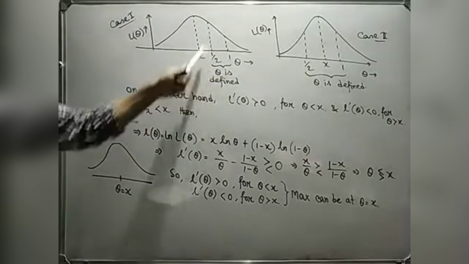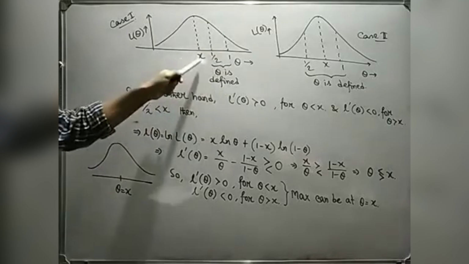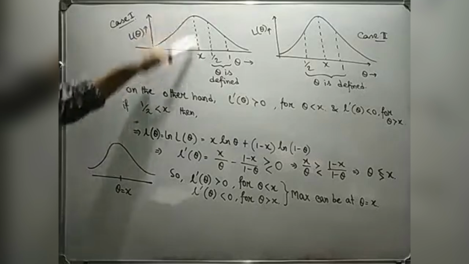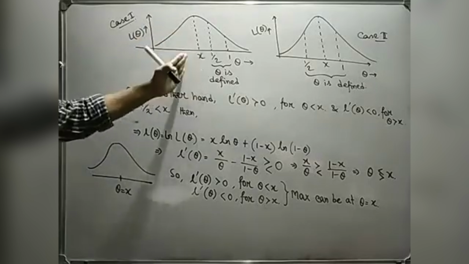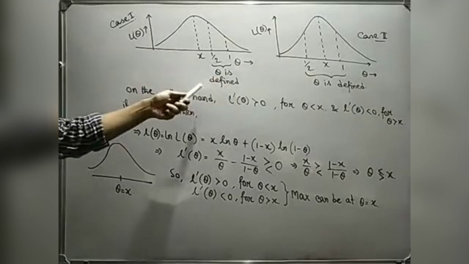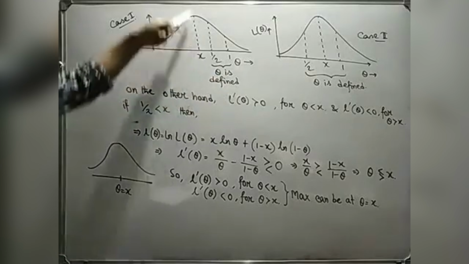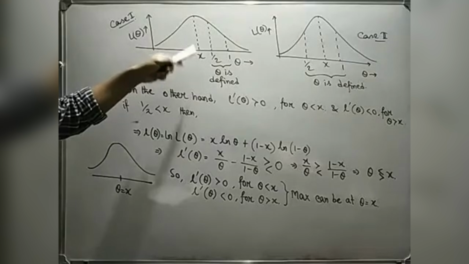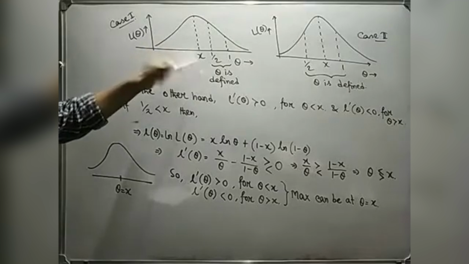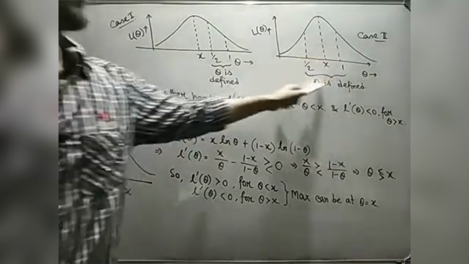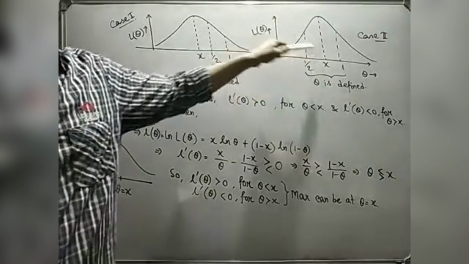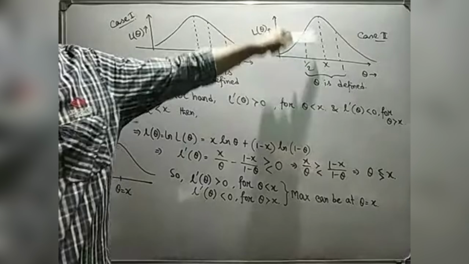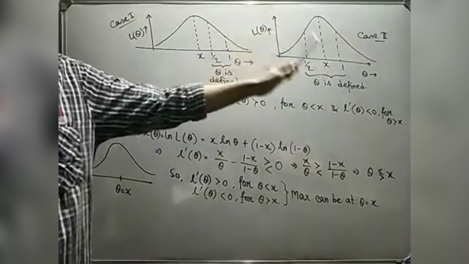So in the first case, we can see that we can get the value of x where L theta is maximum, but in this region, that means below half, theta is not defined. So that's why we cannot take x as the maximum point. But from this case 2, we can say that at theta equal to x, we can get the maximum value of L theta, and that's a defined value.